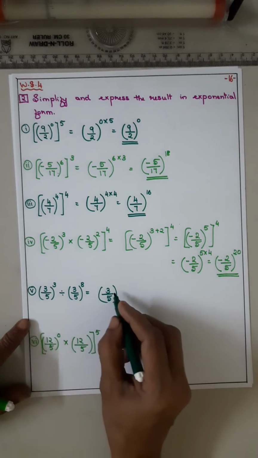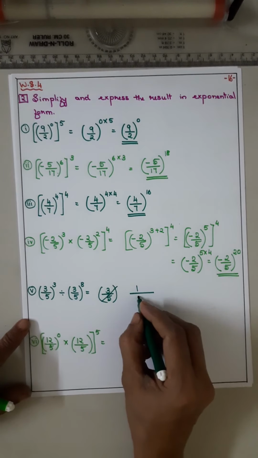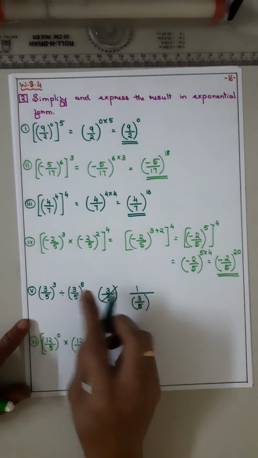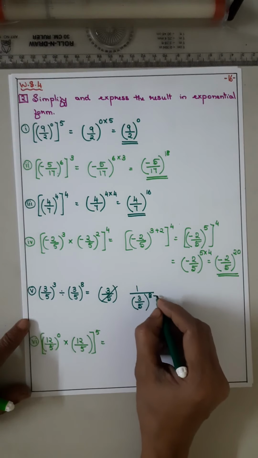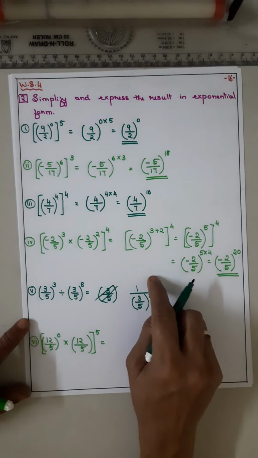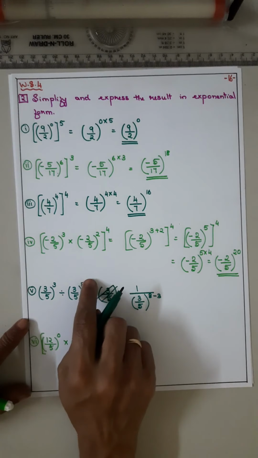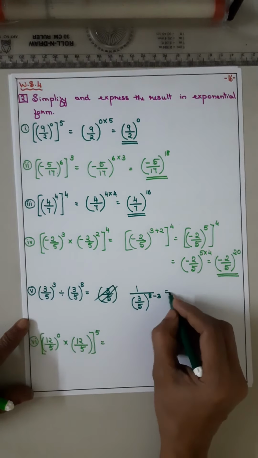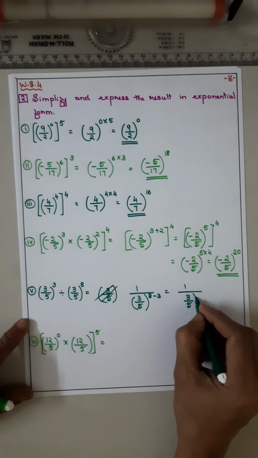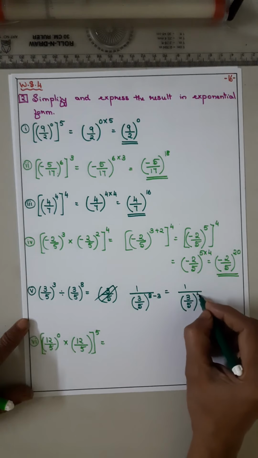So what we have to do? 1 upon, isn't it? 3 by 5, the whole raised to second power minus the first. Okay, 1 upon 3 by 5, that is the base, second power minus the first power. So 1 upon 3 by 5, the whole raised to 8 minus 3 is 5.